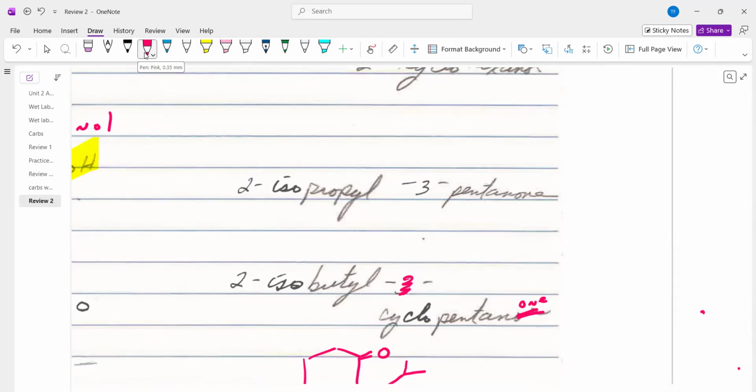Okay, so we have pentanone. This time it is a non-cyclic one.